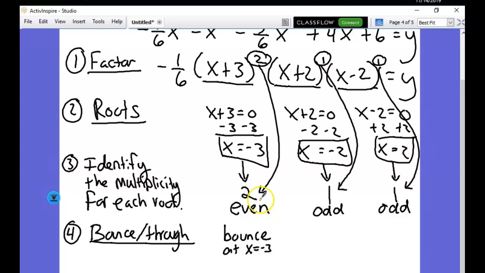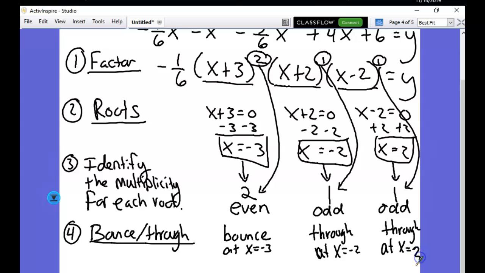Since the multiplicity was even, the graph is going to bounce at the root x equals -3. What's it going to do at the root x equals -2? It's going to go through the x-axis at the root x equals -2. What's it going to do at this one? It's going to go through also because it's also odd. So at the root x equals 2, it's going to go through the x-axis.